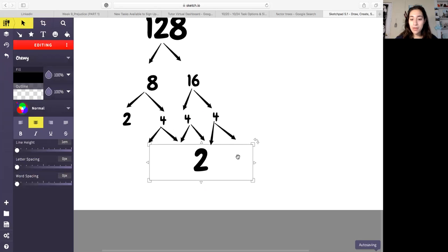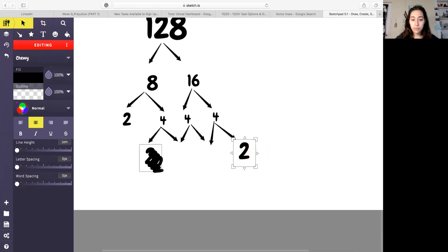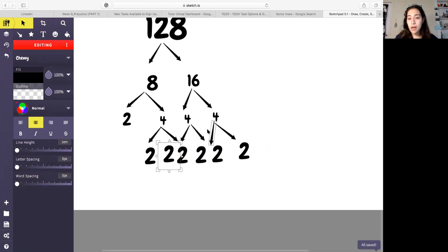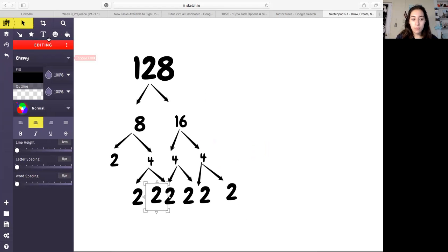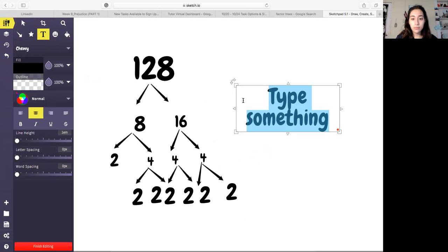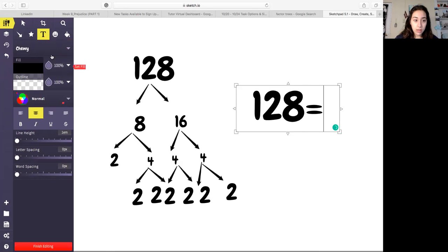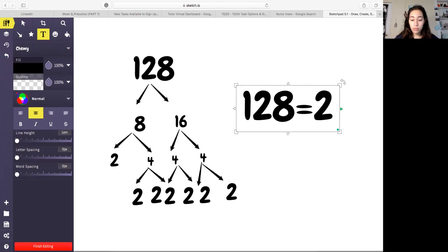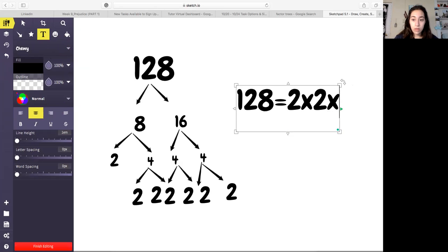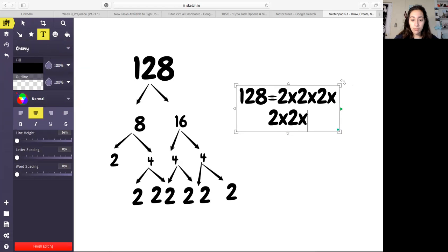Sorry, it's a little difficult. Using the same thing that we did before, the text for this would be 128 is equal to 2 times 2 times 2 times 2 times 2 times 2 times 2.